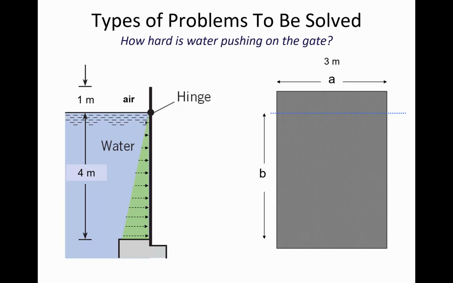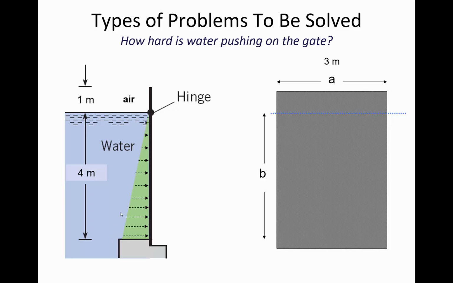And so let's say that we're talking about gauge pressure. And so that means that the air pressure is 0 right at the surface. So the pressure is 0, and then the pressure is increasing linearly. The further we go down, the pressure is going up. So this triangular shape illustrates the increase in pressure with depth.